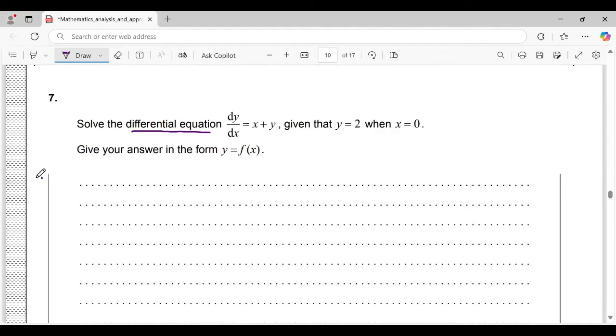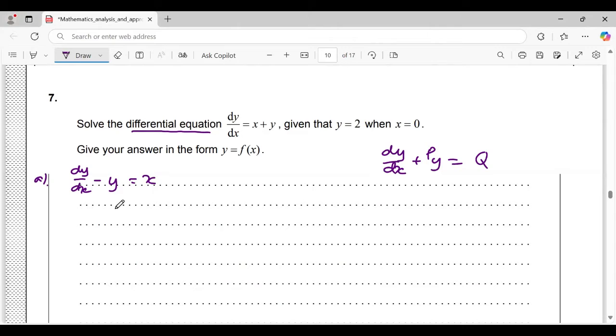I'm going to start by arranging this equation to become dy/dx minus y equals x. The first order differential equation form is like this: dy/dx plus Py equals Q. So Q equals x and Py equals minus y.